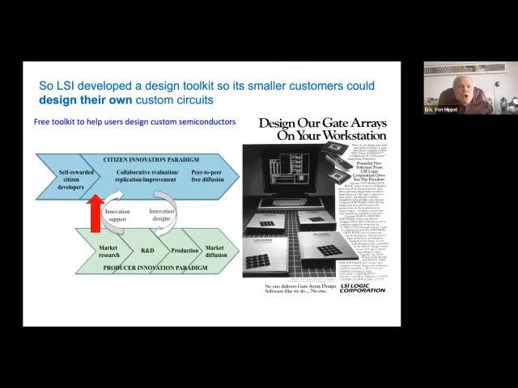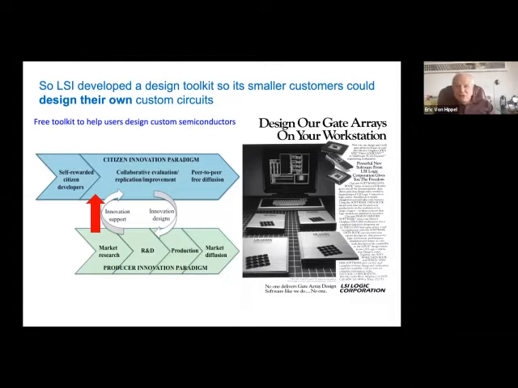Now, along came a firm named LSI, because these producer firms were getting besieged by, for God's sakes, design something for us. We need a circuit that is a custom circuit for our product. So what LSI did is they said, you know what?